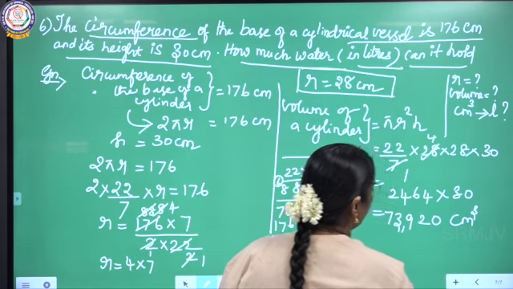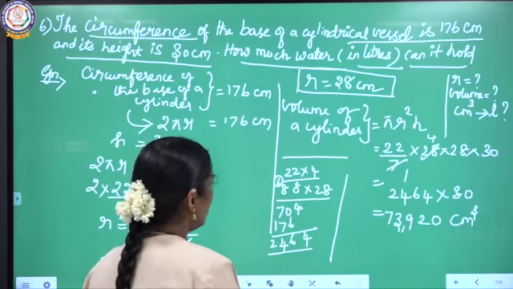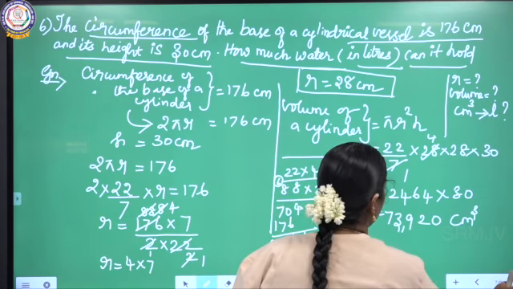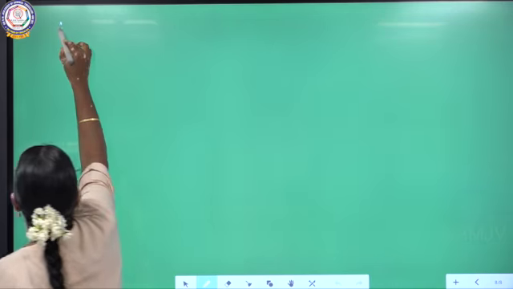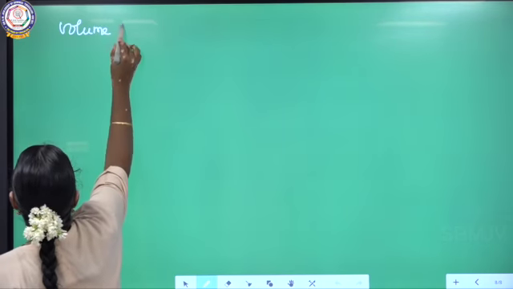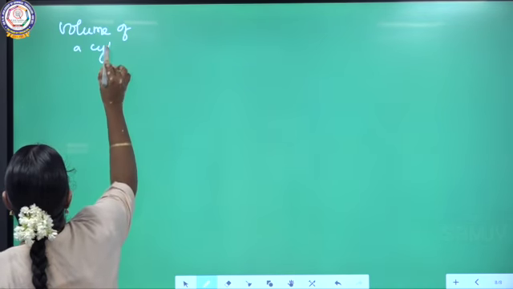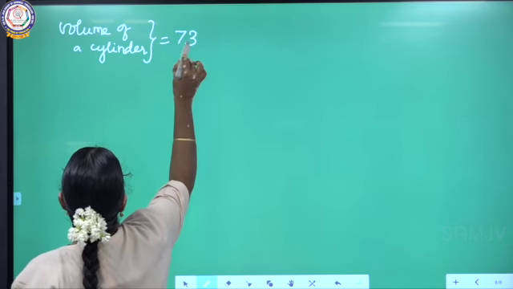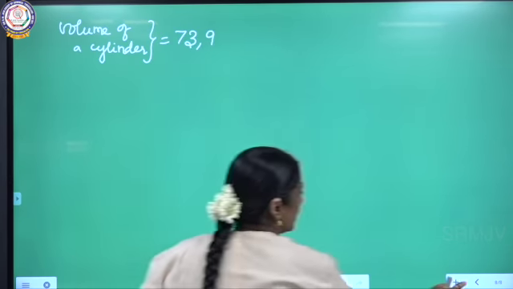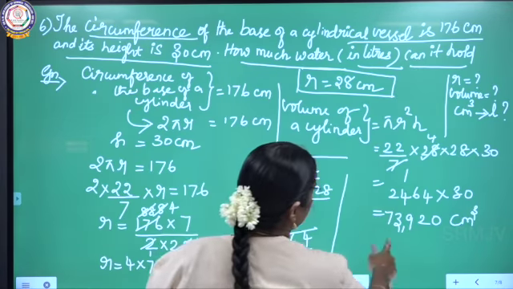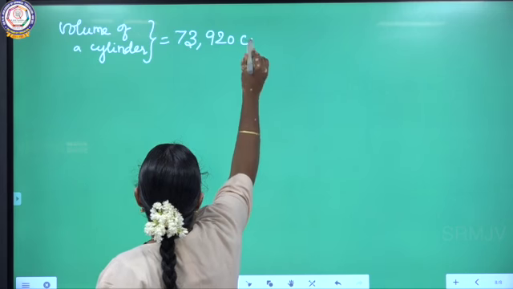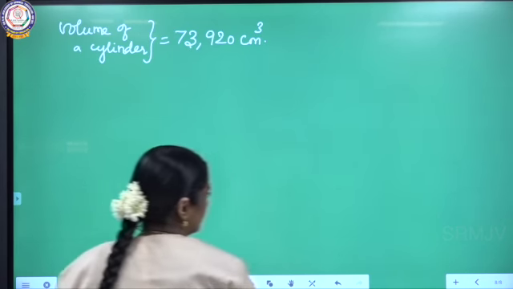Next, I am moving to this. Listen. This is your volume of cylinder, 73,920 centimeter cube.